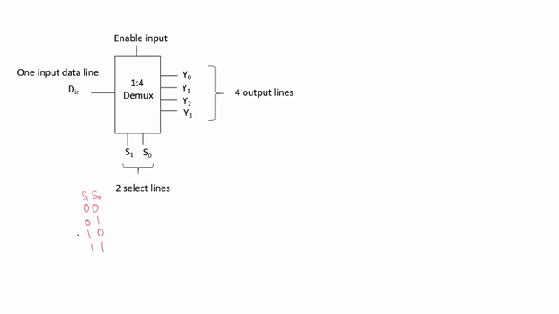And when S1 S0 is 1 1, D in gets connected to Y3. All this would be true only if the enable signal is 1. If it is 0, then irrespective of the combination of S1 S0, all the 4 outputs will be 0 because the demultiplexer will be disabled. This is represented in the form of a truth table.